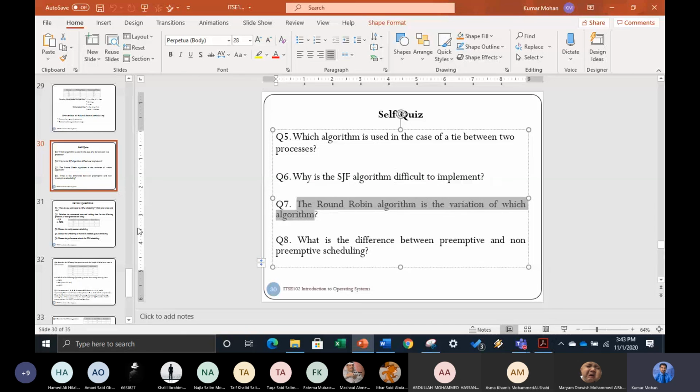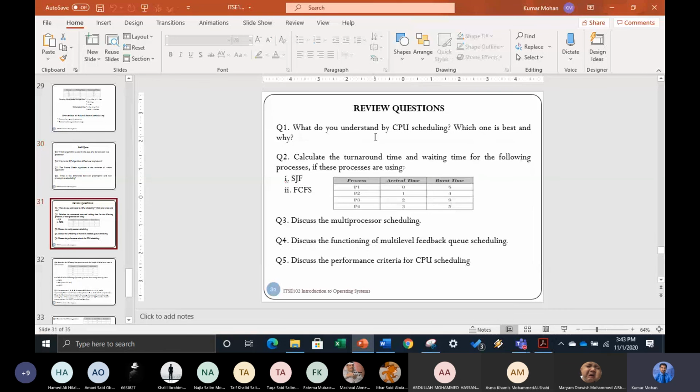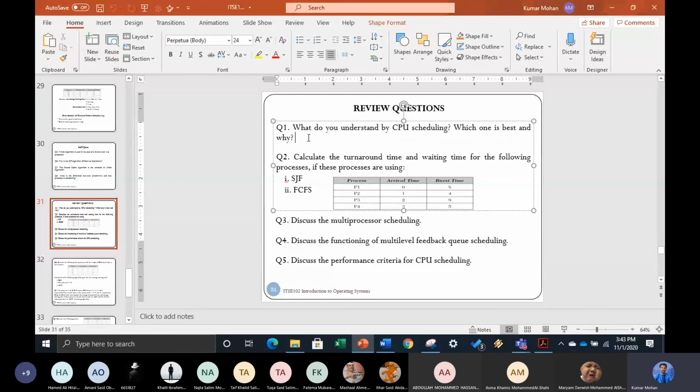What is the difference between preemptive and non-preemptive? What do you understand by CPU scheduling? Which one is best and why? Calculate the turnaround time and waiting time for the process. Discuss multiprocessor scheduling. Discuss the functionality of multi-level feedback queue scheduling. Discuss the performance criteria for CPU scheduling.